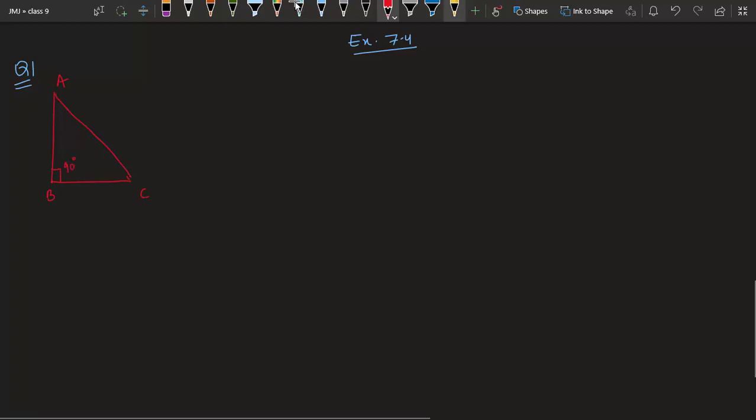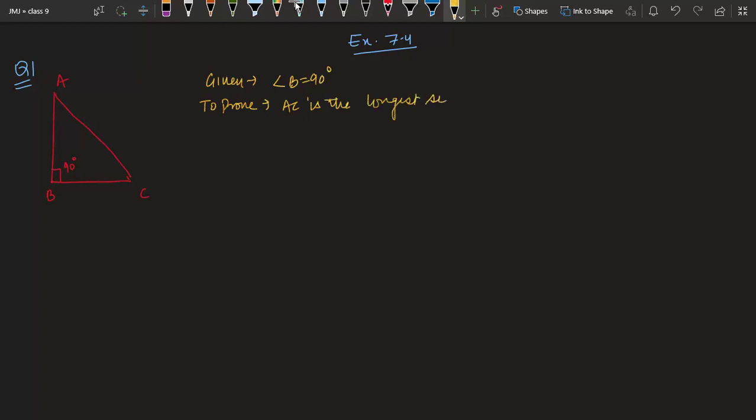We have assumed that. Now what is given to us? Angle B is equal to 90 degrees, and to prove that AC is the longest side.